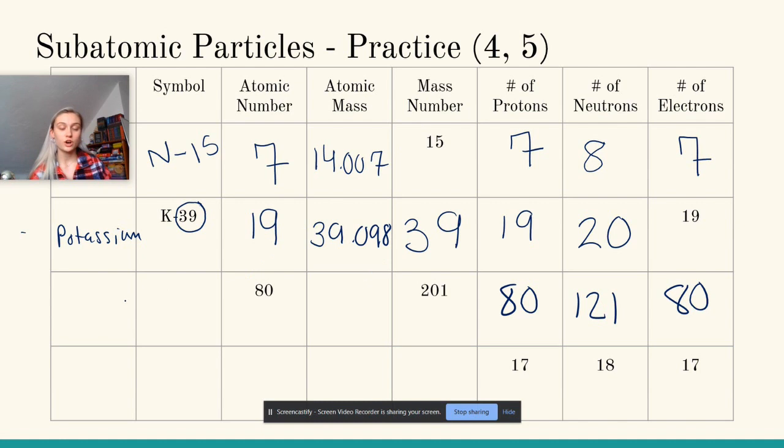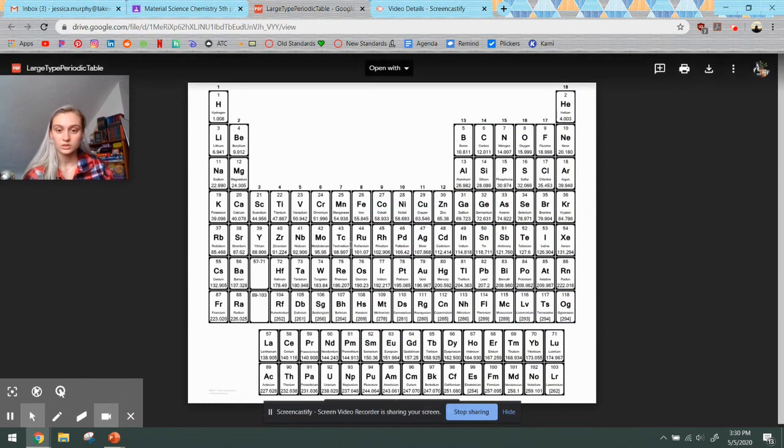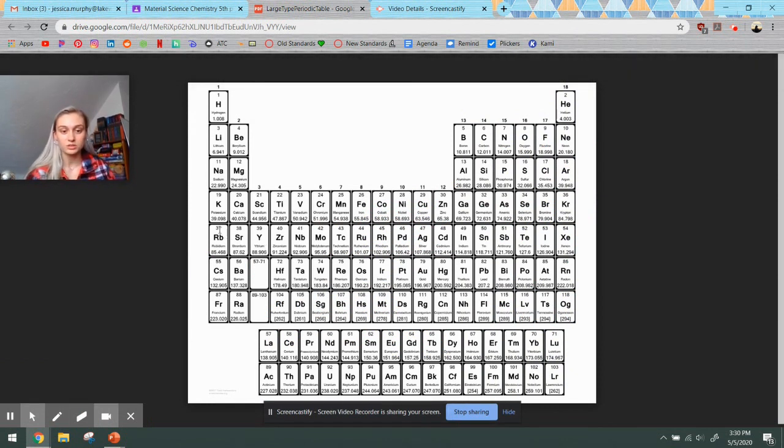And now we have to go to the periodic table for our atomic mass, our symbol, and what element this is. Okay, so let's go to the periodic table really quick. And all we know is our atomic number is 80, so we have to look for 80. We know the periodic table goes up in atomic numbers from left to right. I don't see it in this row. 78, 79, 80.